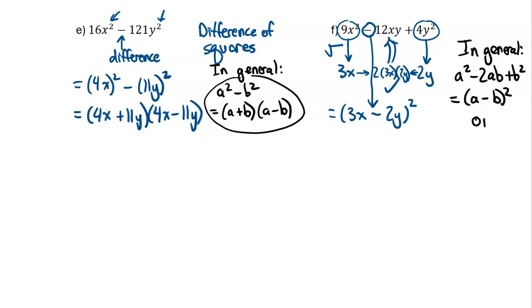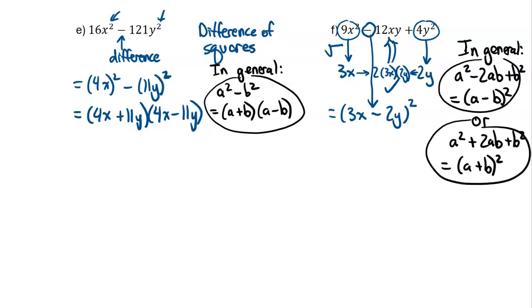Remember, the sign of the second term is the sign that's going to be between the a and b. So if I have a plus 2ab plus b squared, then that's going to be a plus b all squared. And so those are your two forms that you're going to have for a perfect square.